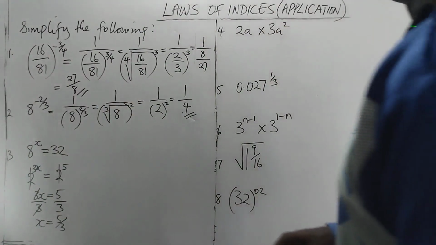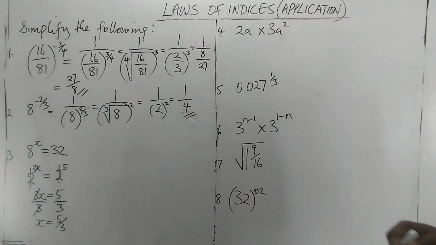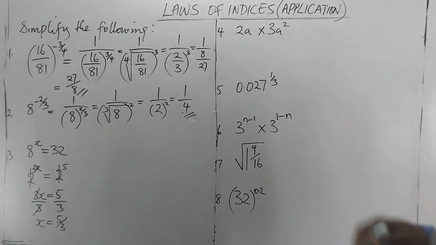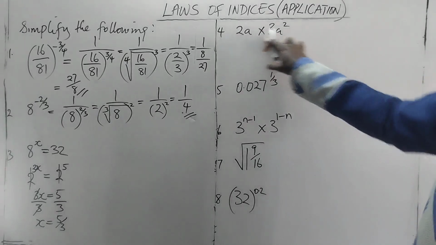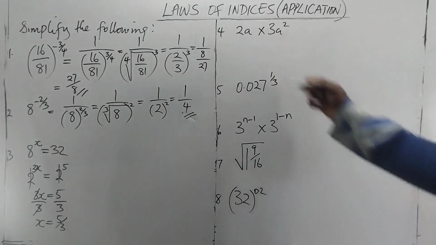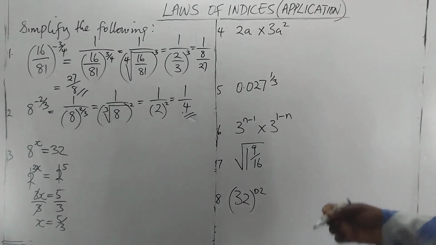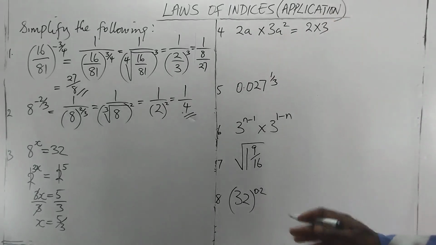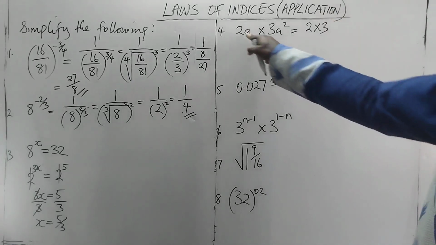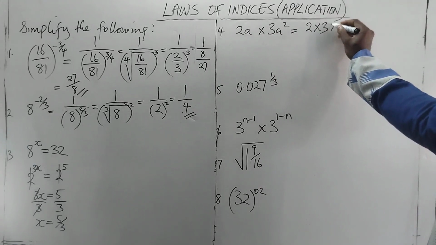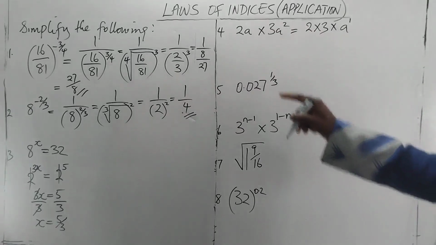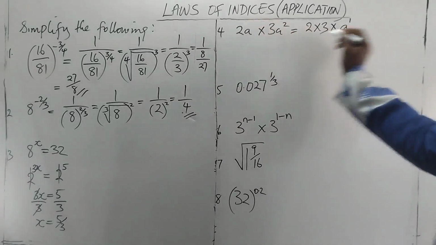On this side, I have 2a times 3a raised to power 2. We have multiplication here. The two numbers are not the same, so we are going to do 2 times 3. Then for the letters, they are the same. This one is like a raised to the power 1.